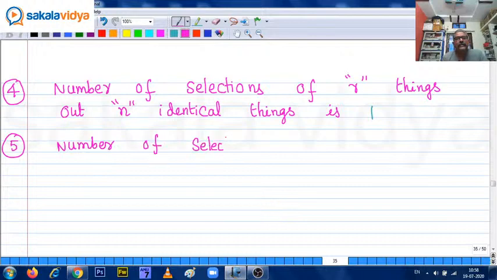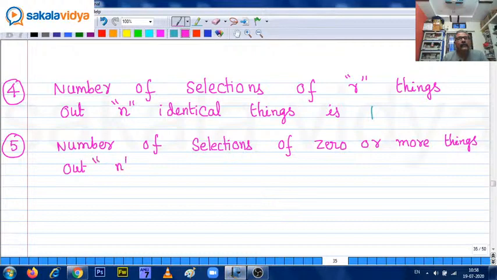Number of selections of 0 or more things out of n identical things is n plus 1. This is 1.